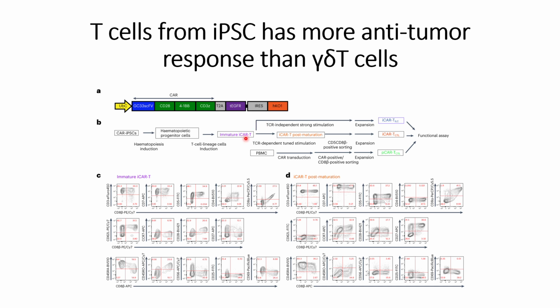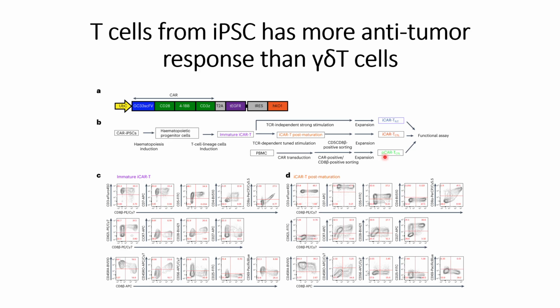In the other case, they allowed these immature CAR-T cells to undergo maturation, and thereafter used those CAR-T cells for the functional studies. In the third case, they took gamma delta T cells from the PBMCs, expanded them, and then used those CAR-T cells for the functional studies.